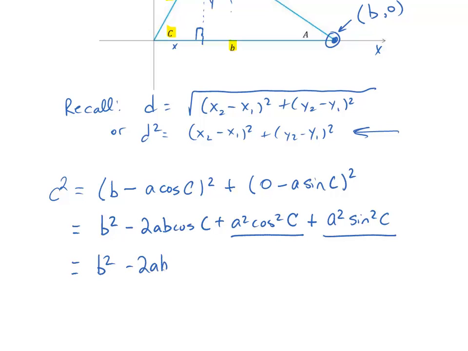So you have B squared minus 2AB cosine of C plus A squared times cosine squared of C plus sine squared of C. And by the Pythagorean identity, that is always equal to 1.